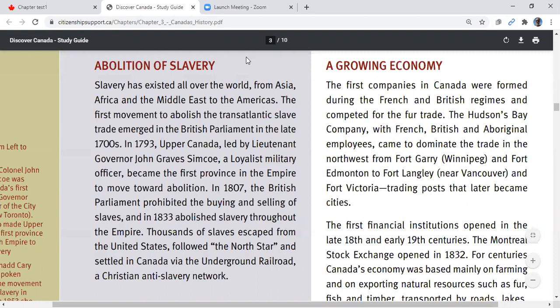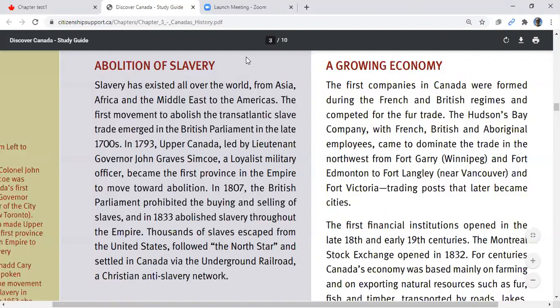And they went by this thing called the Underground Railroad. When you think of a railroad, you think of a train and a track, and that's a railroad. But this is called the Underground Railroad. So what they did was they got slaves in secret places, all the way from the south of the United States all the way up to Canada.